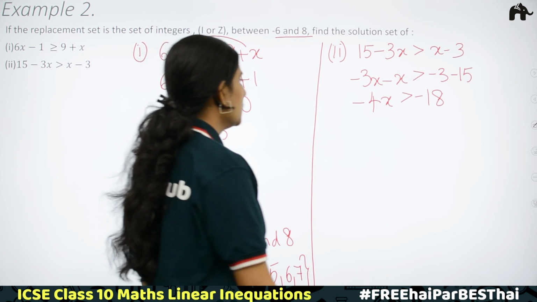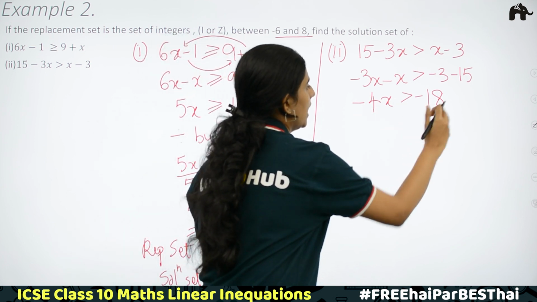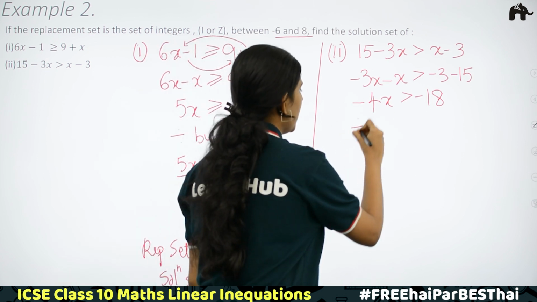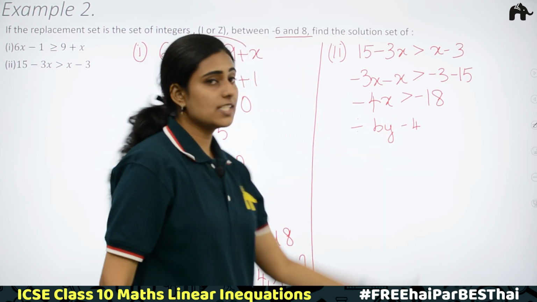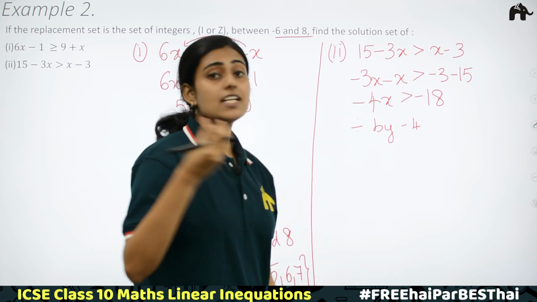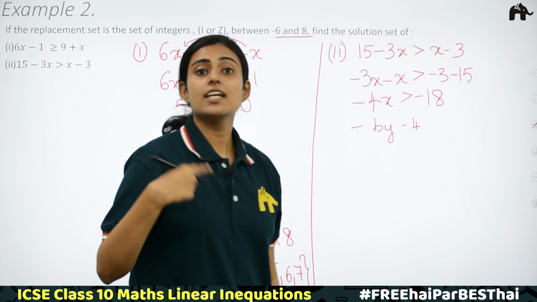Minus 18. Okay. Now, on both sides, I am dividing by minus 4. Minus 4 is a negative number. We have a rule. While we divide with the negative number, the inequality sign reverses.